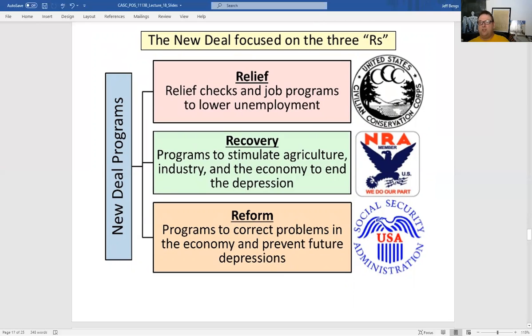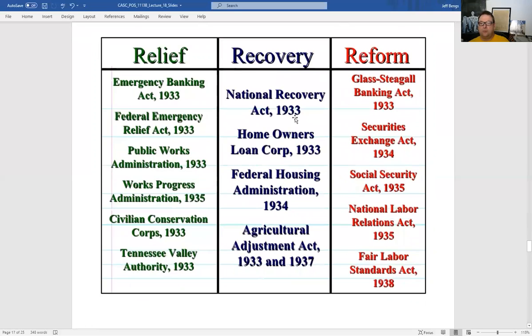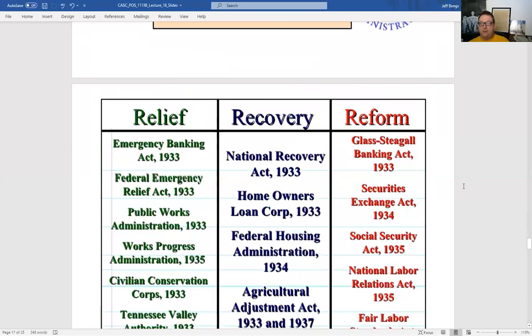One such example is the Civilian Conservation Corps. Another relief program that many of us might be more familiar with is the Works Progress Administration, the WPA.